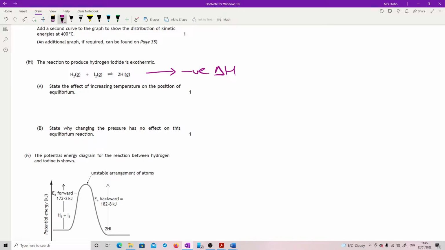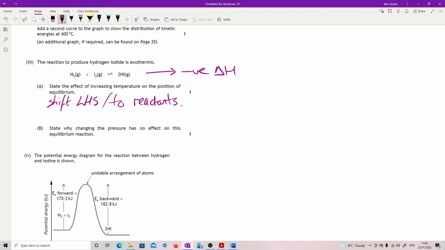So I've heated it up, so it's not going to favour the forward, it's going to favour the back. Because it says what the position is, we're going to shift it to the left-hand side, or to the reactants.